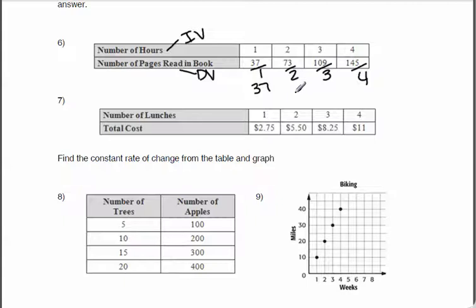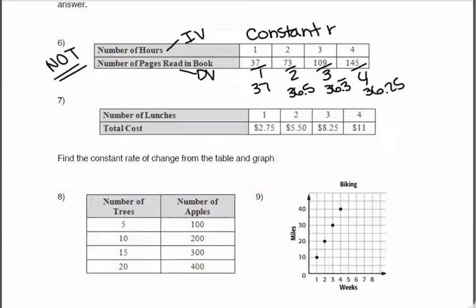If I divide 73 by 2, I get 36.5. If I divide 109 by 3, I get 36 and 3/10 repeating. If I divide 145 by 4, I get 36 and 25 hundredths. So these are not proportional. It also does not pass through 0, 0. So there's two things. It does not have constant ratios, and it doesn't pass through the origin.